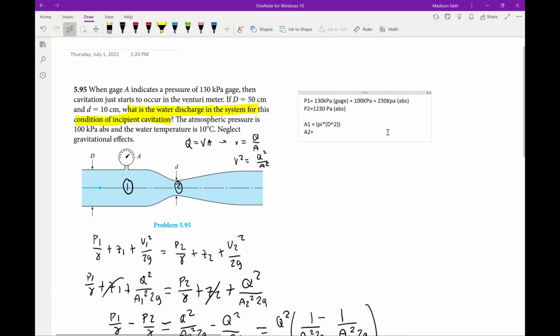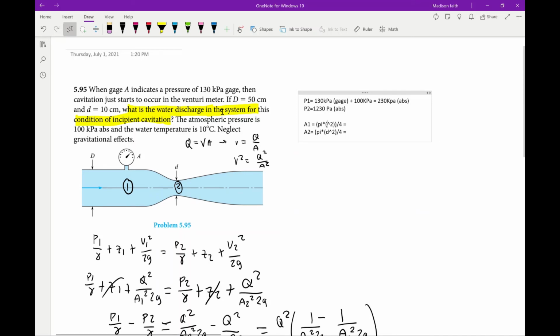Let's write that down. And similarly, we know point 2 is pi times little d squared over 4. And we are given big D and little d. So let's actually just replace the numbers in there.